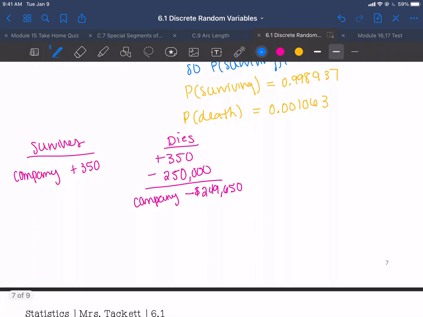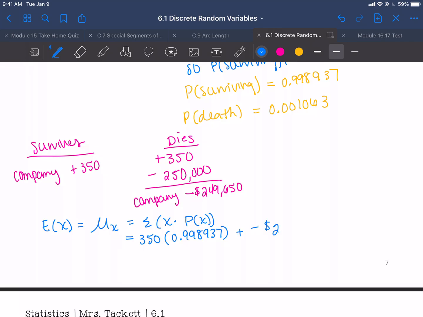So that means our expected value, which is the mean of our random variable, is going to be 350 times 0.998937 plus negative 249,650 times 0.001063. So that would give us an expected value of $84.25.